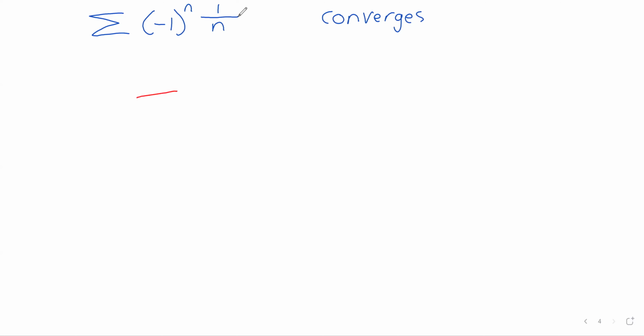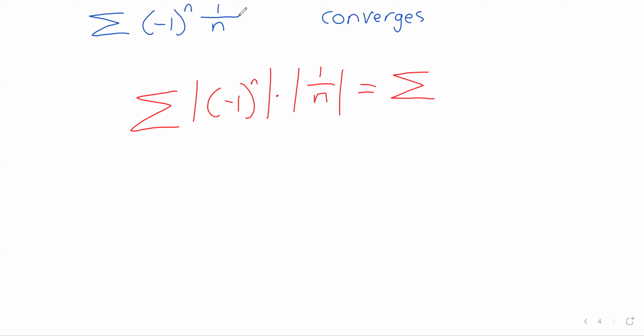By contrast, if we stick absolute values in here, so n is positive, n is going to infinity. So 1 over n is positive. The absolute values around 1 over n don't do anything. This is once again 1.